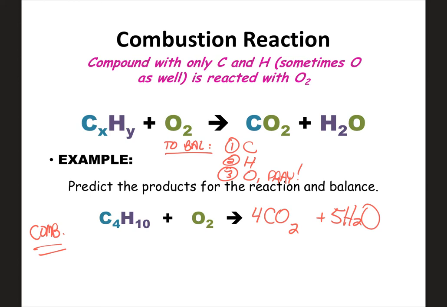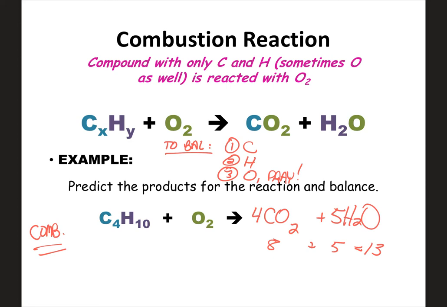You have oxygens with the CO2 and oxygens with the H2O. When you put the 4 in front, you now have 8 oxygens for the CO2. And when you put the 5 in front, you now have 5 oxygens here. That's 13 O. If you notice, you have O2 on the left side, and there's only O in one spot.